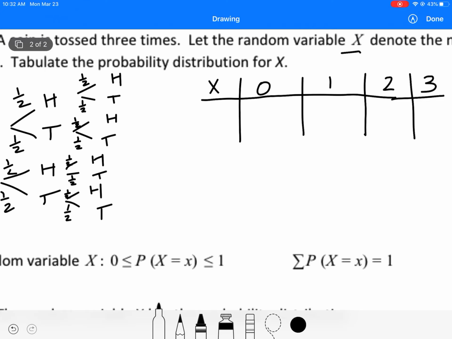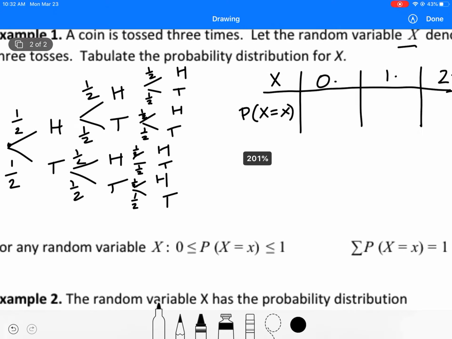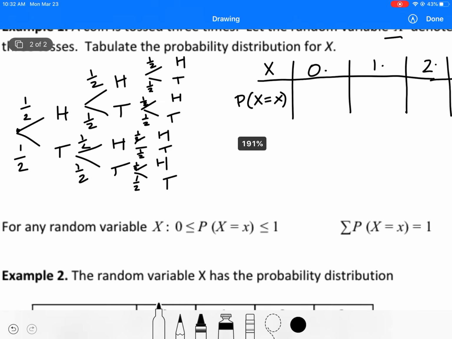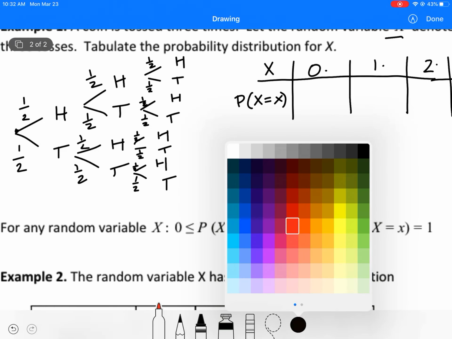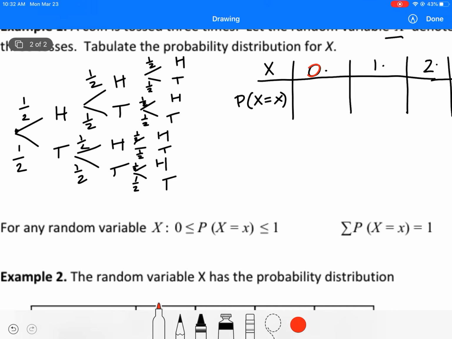So in a series of 3 flips, we could get 0 heads, 1 head, 2 heads, or 3 heads. This top row is the number of outcomes. Our second row, the probability that X, our random variable, is equal to our outcome, little x, is below.